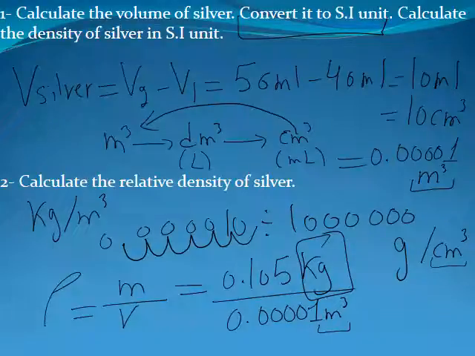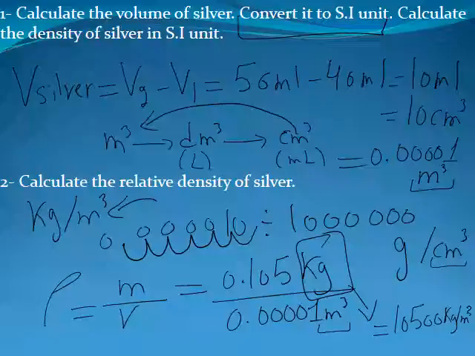SI unit is kilogram per meter cube, so 0.105 divided by 0.00001 meter cube. So the density will be 10,500 kilogram per meter cube.